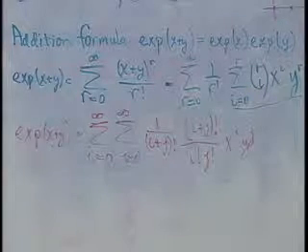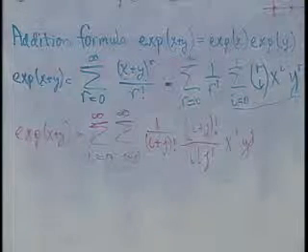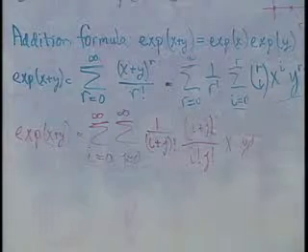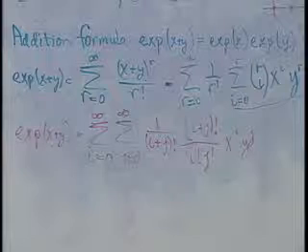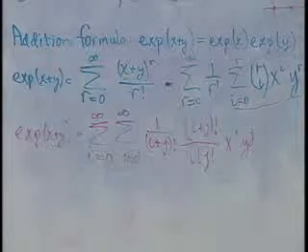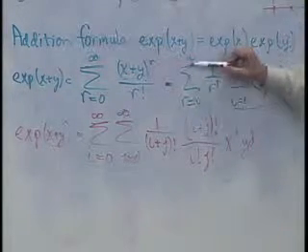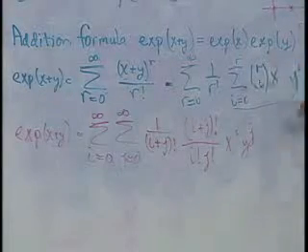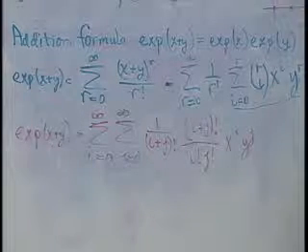Does everyone see what I've done? I've done two things. First, I have replaced r by i plus j, j by r minus i. I've written everything in terms of j instead of r. That's the easy part. And then I've done the hard part, which is to figure out that in order to do the sum, where I sum over r all the way up to infinity, but only over a finite range of i for each r, I have to sum over both i and j all the way from 0 to infinity.